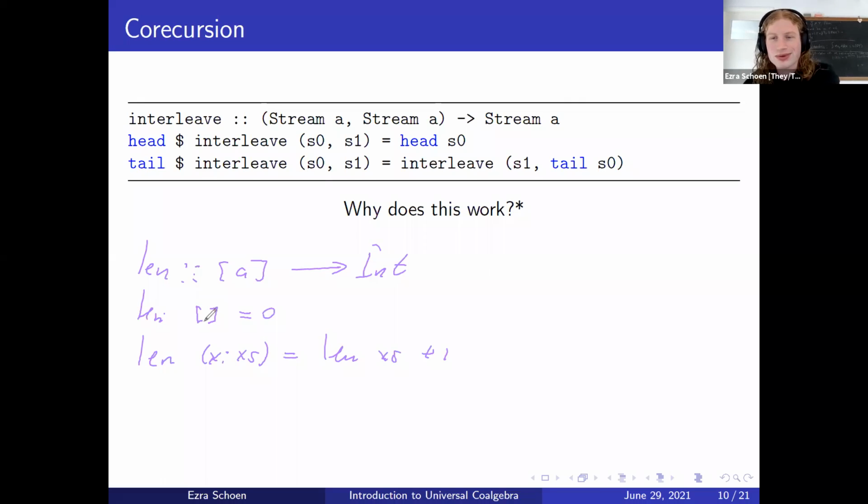And now, why is this a definition? Well, this is because list is an inductive data type, or it allows for a recursive data type. So it has these constructors, right? It has a nullary constructor of just the empty list and the unary constructor of adding an element to a list. And then in order to define a function out of lists, you need to say what your function does after you've taken one of your constructors.